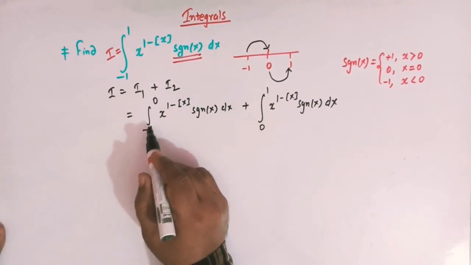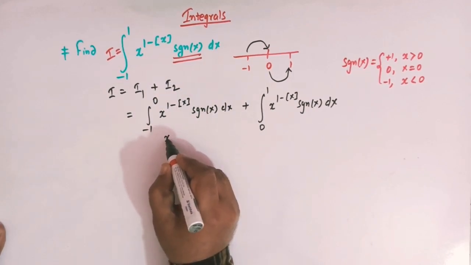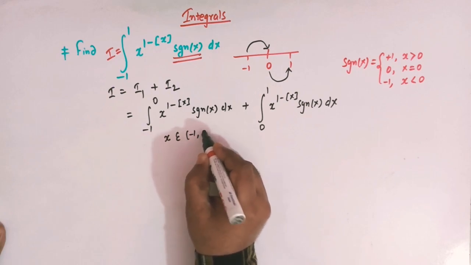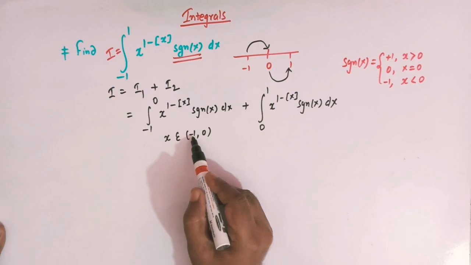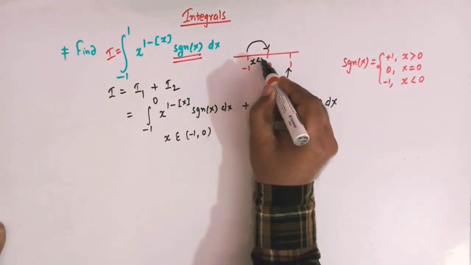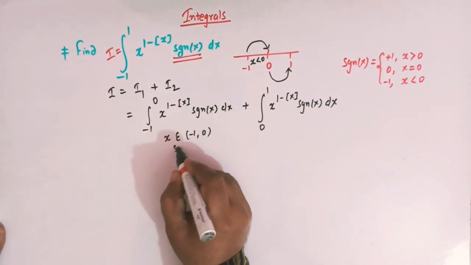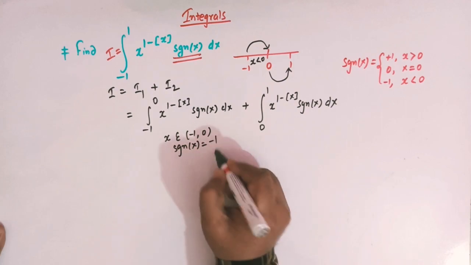In the first one, x belongs to the interval from -1 to 0, and when x belongs to -1 to 0, all the values of x are less than 0. In that case the value of signum function would be -1.